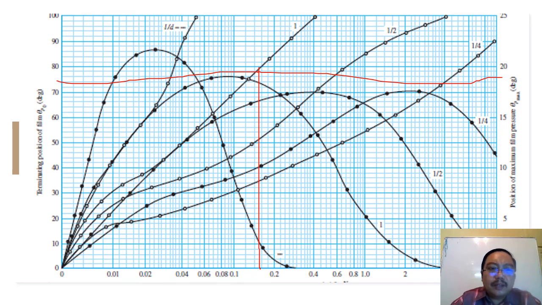These both values for the terminating film pressure, the degrees, mean that when the journal is rotating, going up and going down, it is at this predetermined angle that we get the minimum and maximum terminating film pressure.